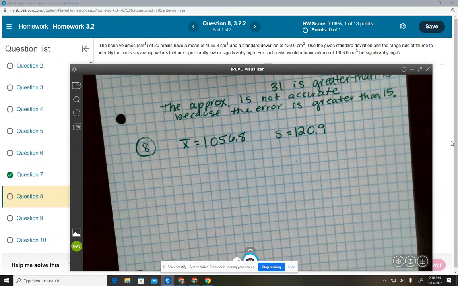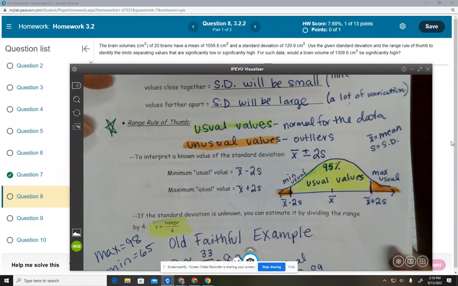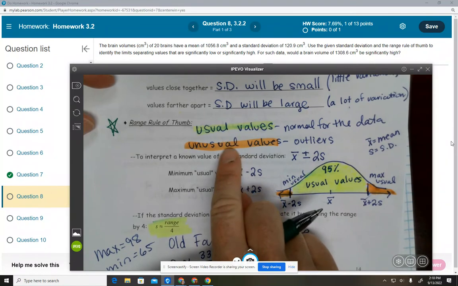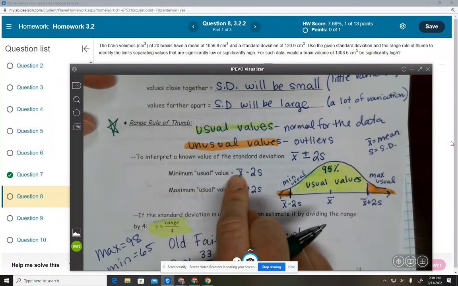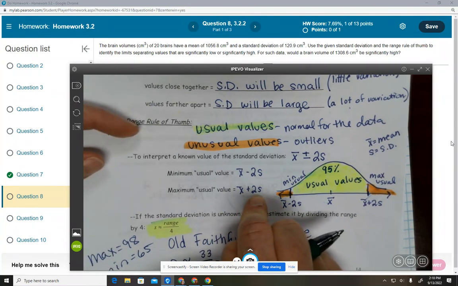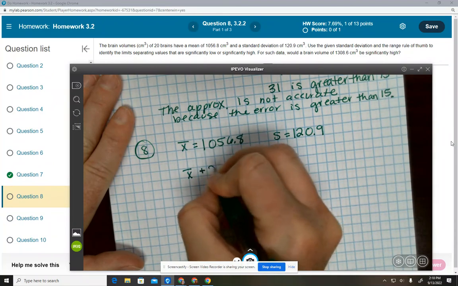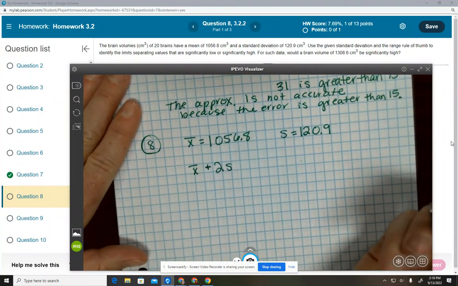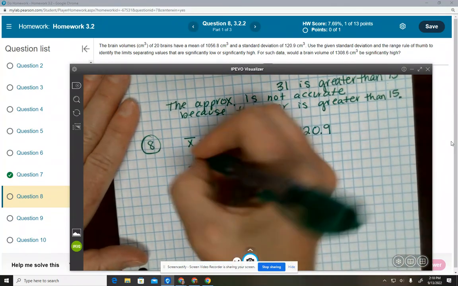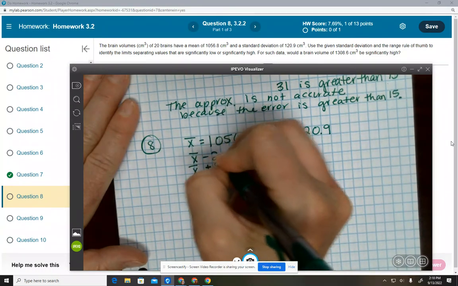So looking back at our range rule of thumb that we did in our notes, we have the usual values and the unusual values. We would look at x bar minus 2s and x bar plus 2s. So x bar plus 2s is going to be our max, and x bar minus 2s.